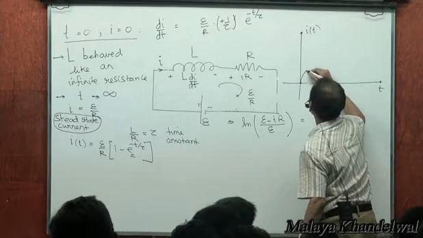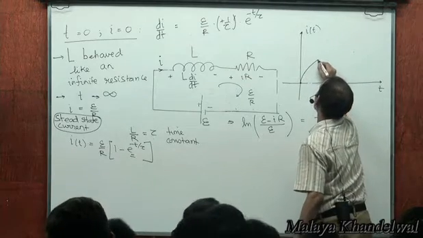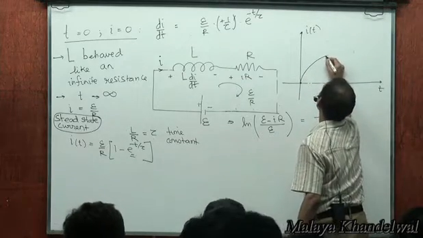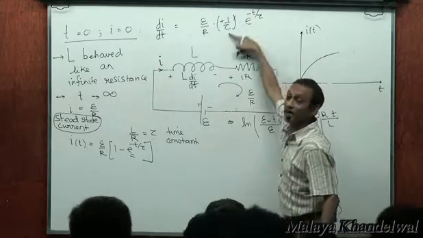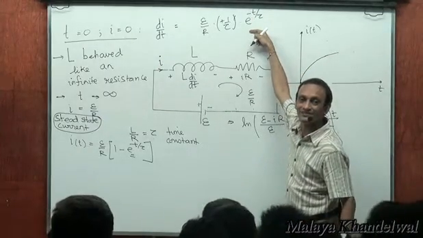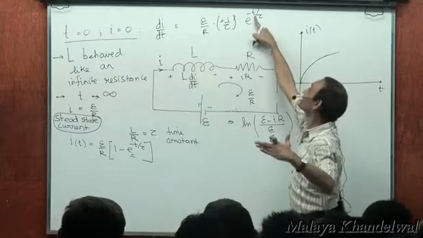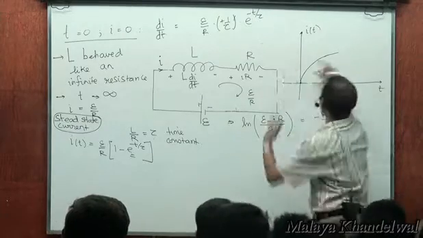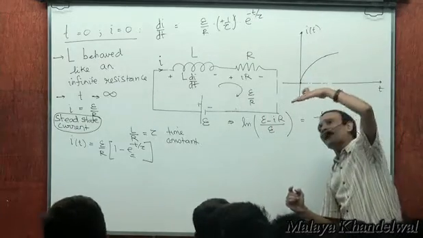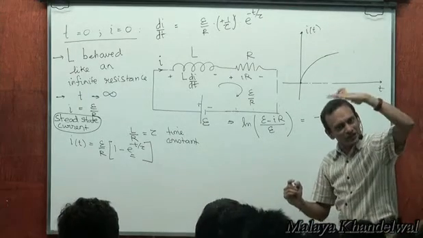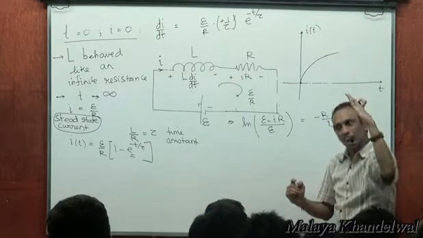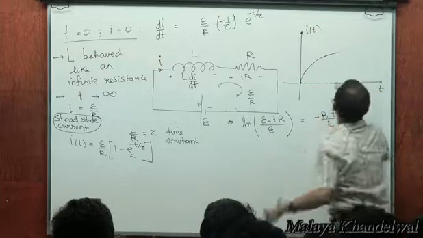And then current grew, but at a decreasing rate. As t increases, di/dt becomes smaller and smaller. So the curve will become flatter and flatter, because the slope of the curve decreases.